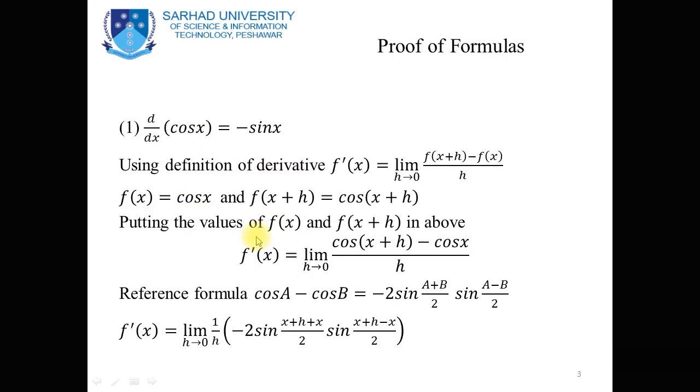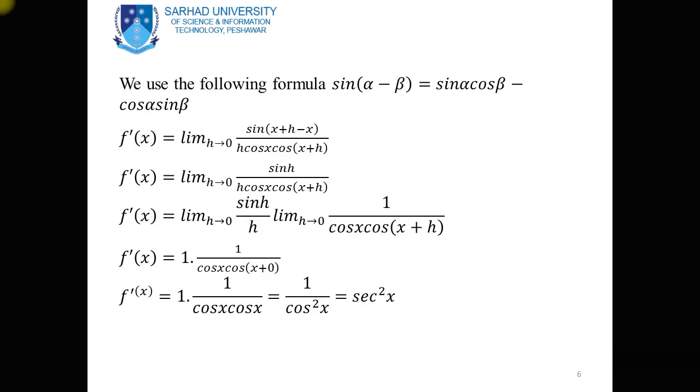Actually in the problems, sometimes we obtain the derivative of two functions when the two functions are in multiplied form, or the derivative of two functions when they are in quotient form. So first of all, applying the rule, we know that the derivative is: first function as it is into derivative of second function, plus second function as it is into derivative of first function.